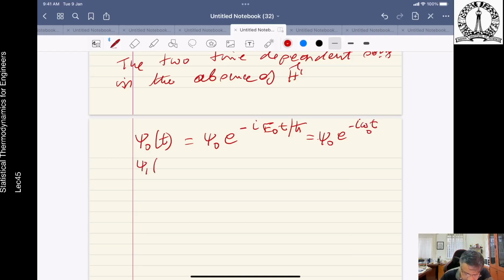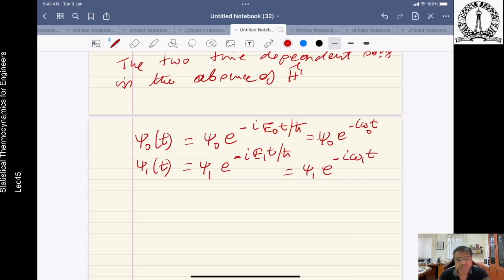And ψ1(t) equal to ψ1 e to the minus i E1 t divided by ħ, which is equal to ψ1 e to the minus i ω1 t, where your ωi is basically Ei by ħ. Okay, so this is the time-dependent solution of the time-dependent wave function, whereas the other one was the time-independent wave function.